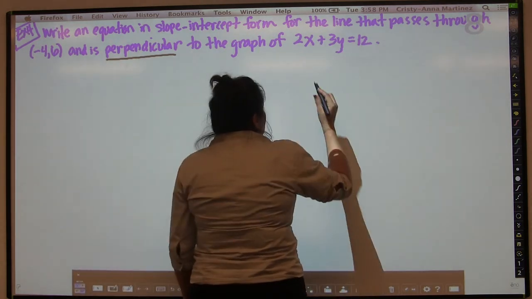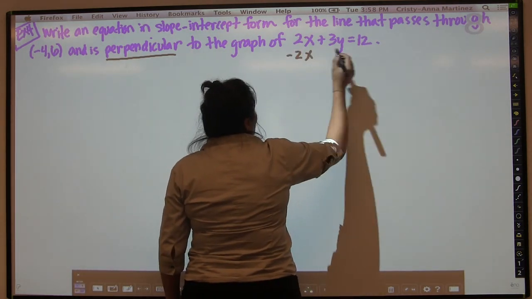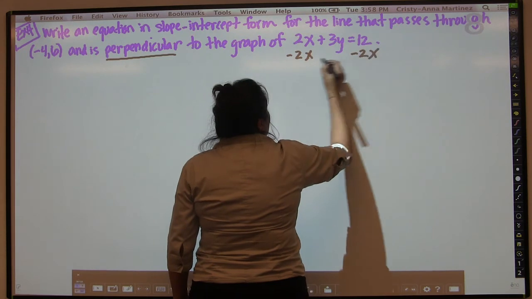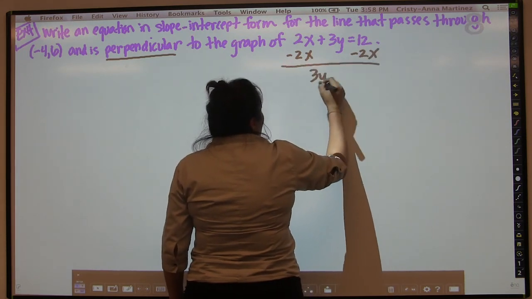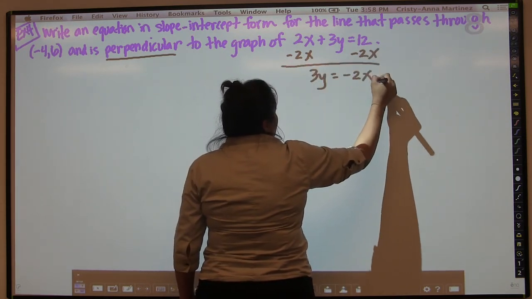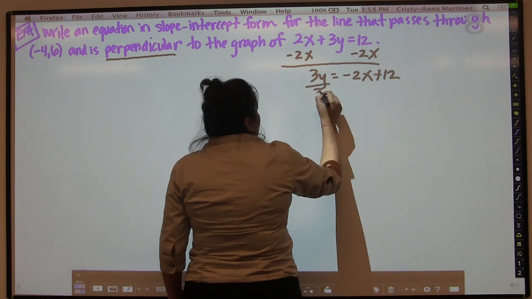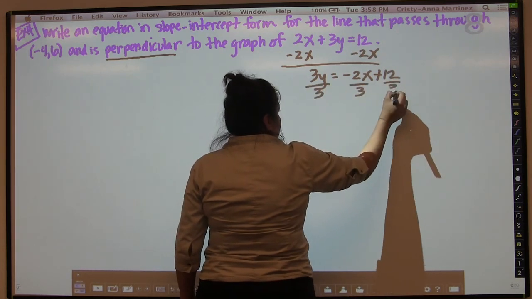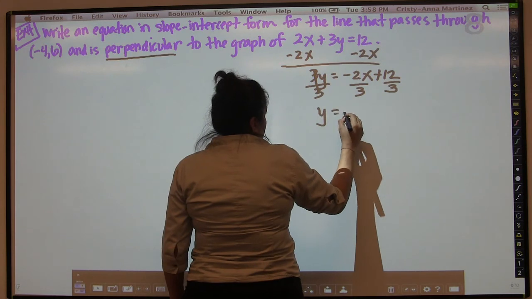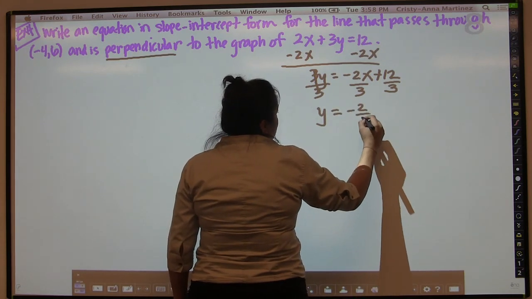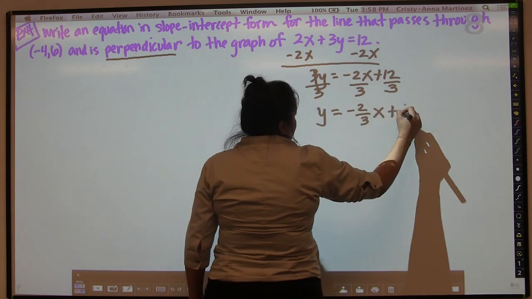So the first thing I want to do is transform this equation into y equals mx plus b. So I get 3y equals negative 2x plus 12, divide by 3, and then y equals negative 2/3 x plus 4.